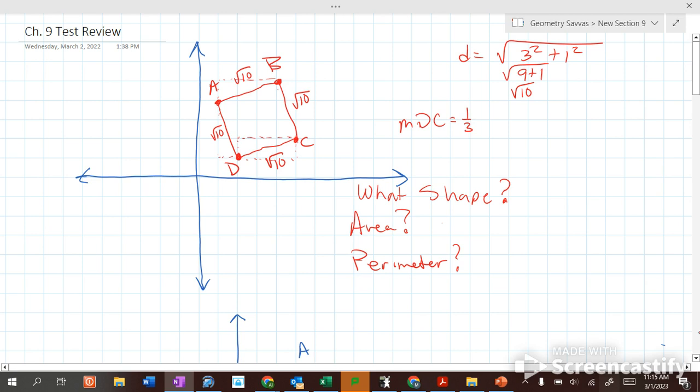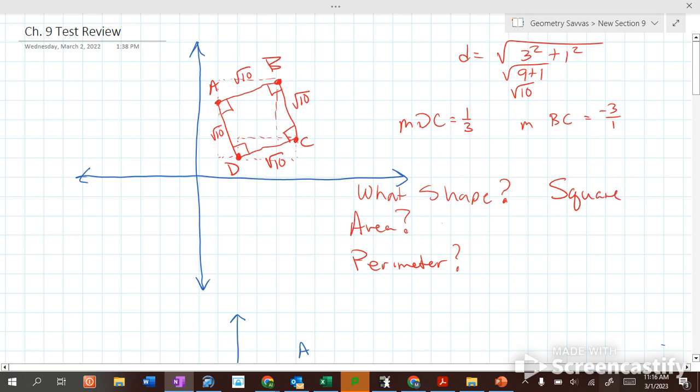The slope from B to C is down 3 to the right 1. Are these opposite reciprocals? Yep, so it makes a right angle here. This one's up 1 to the right 3, so we'll have a right angle here, and here, and here. What is it? It's a square.